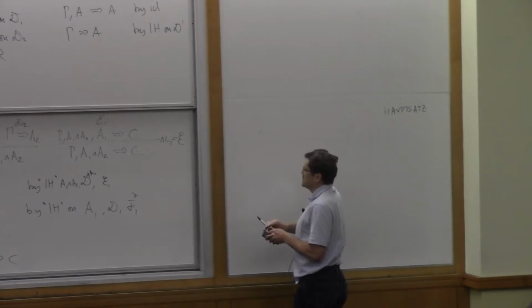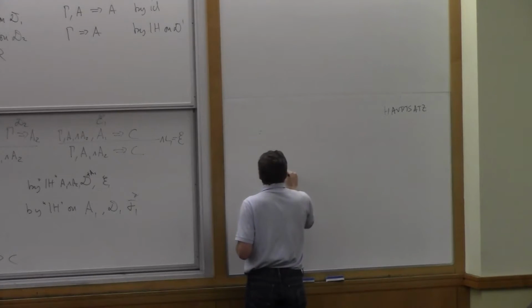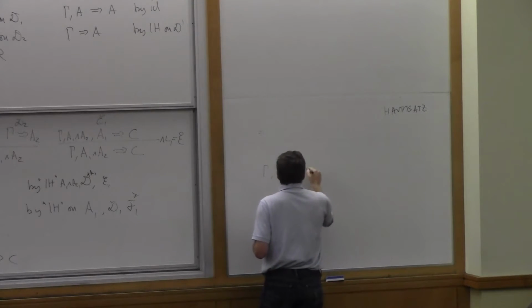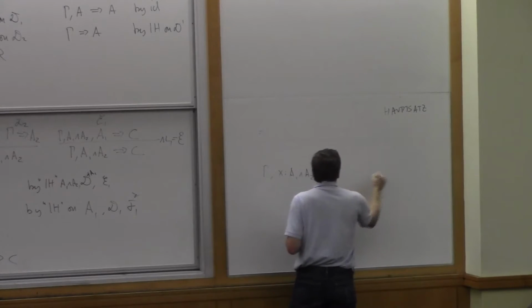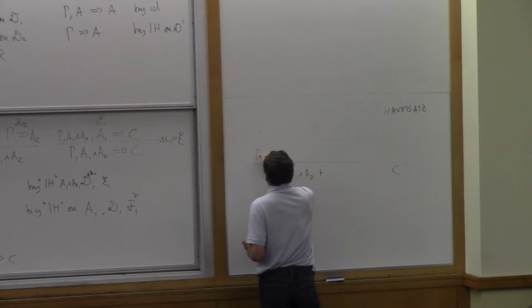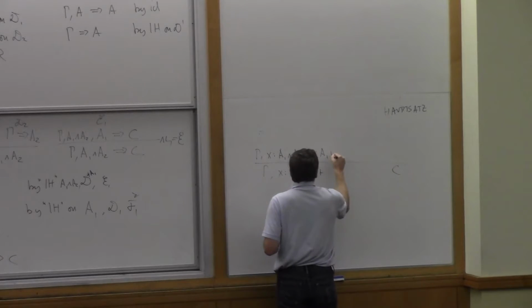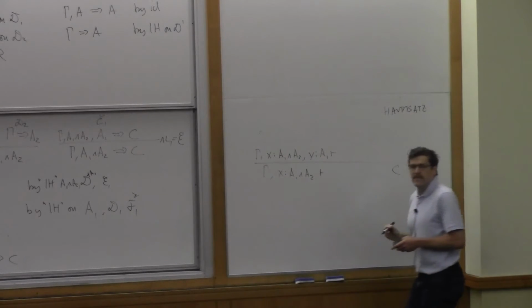So let's look at this as an example. Gamma, and you have x : A1 and A2, and you want to ask what kind of proof term could I have for x : A1 and A2, y : A1, proof C?